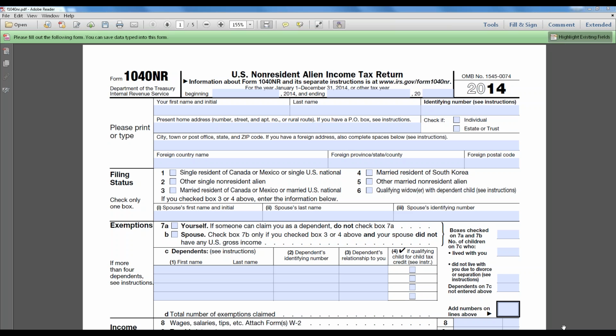So this form, 1040-NR, is used by non-resident aliens and also used by foreign trusts. And some foreign trusts are not grantor trusts, they're non-grantor trusts. And instead of filing a Form 1041 as a domestic trust, they file the Form 1040-NR.